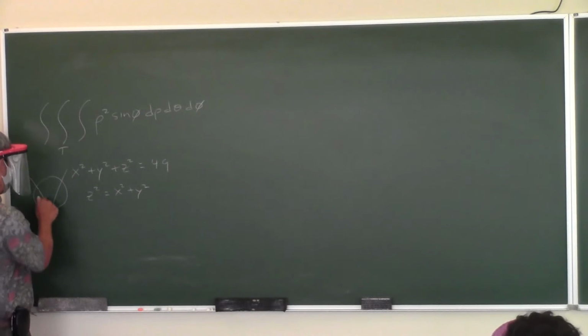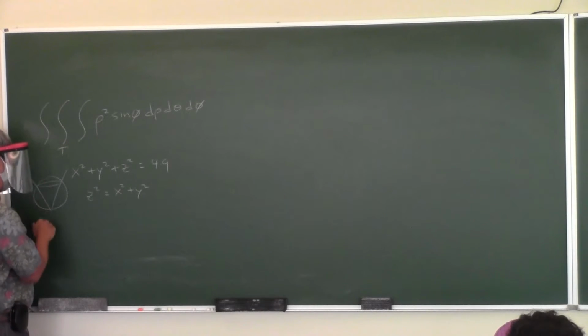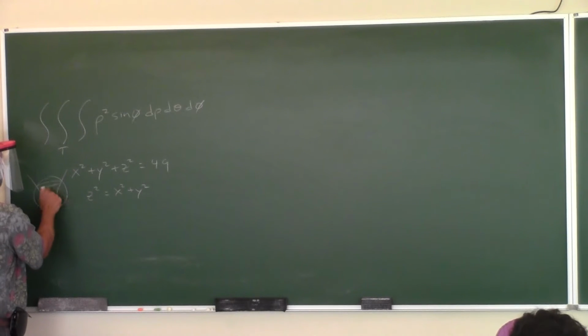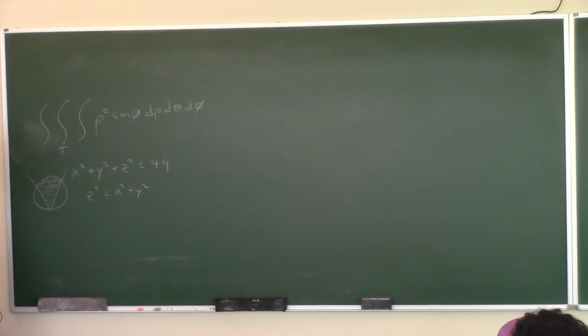So what is the region bounded by the two? Wouldn't it be this cone and the ice cream on the top? Yes, bounded by both of them. That's right.